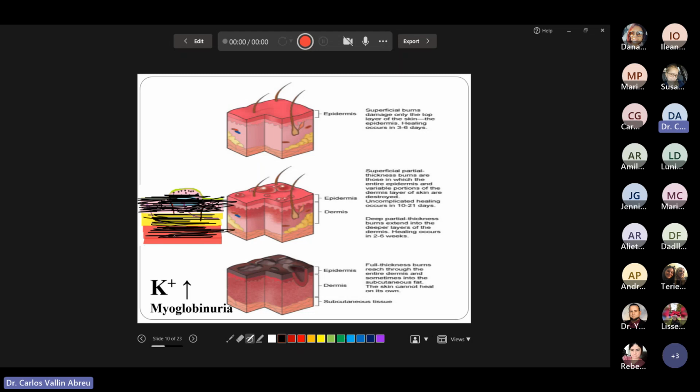It also can be seen so deep in electrical burns. Understand that if the depth is extensive and includes the muscle, we can have a much more serious situation because there is a massive, catastrophic death of cells. And remember that those cells contain inside a lot of potassium.